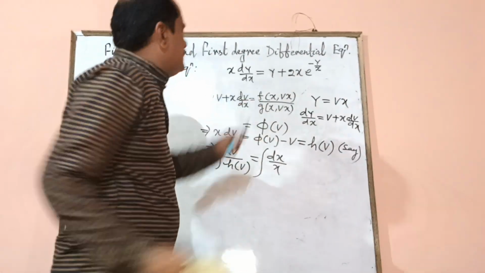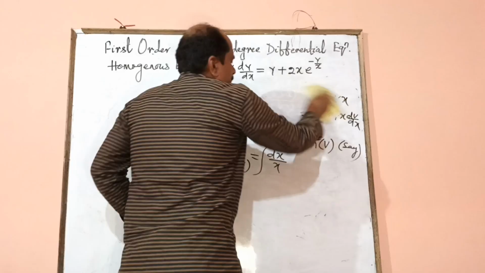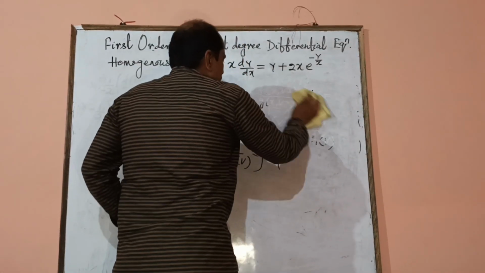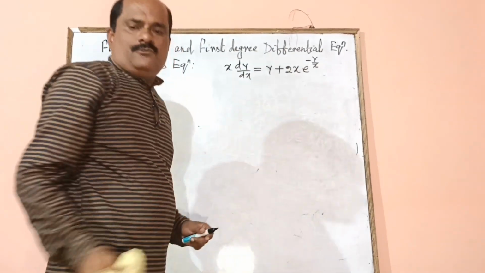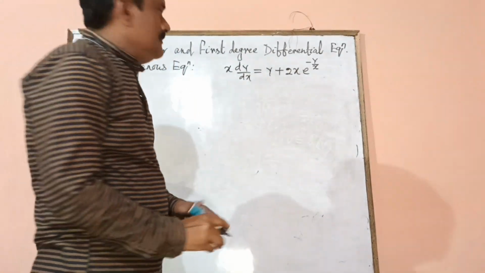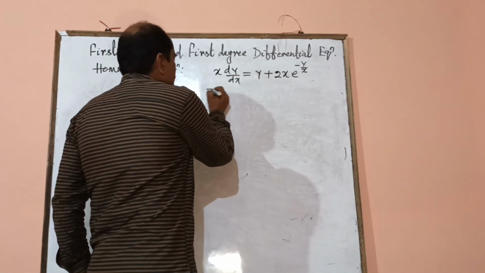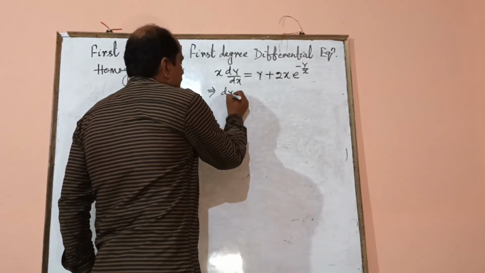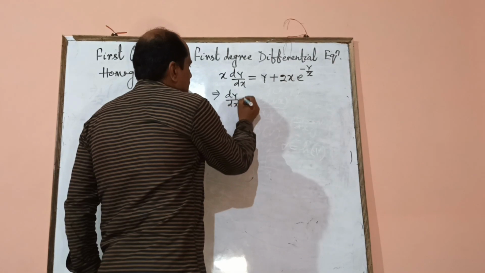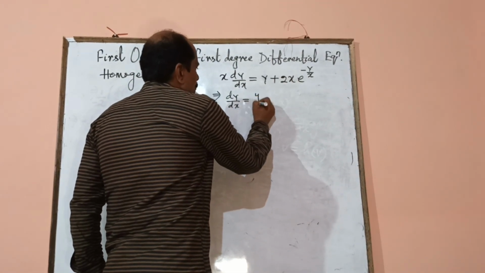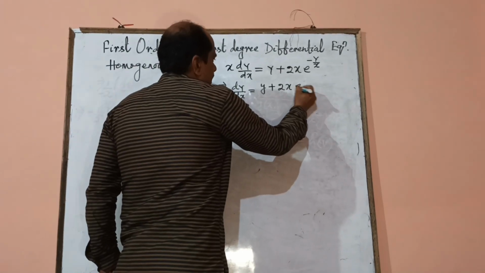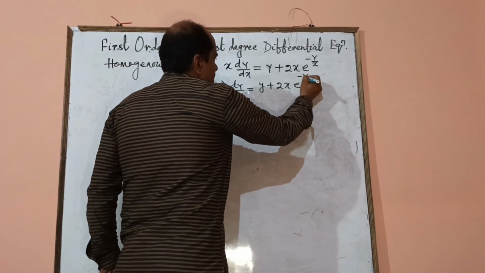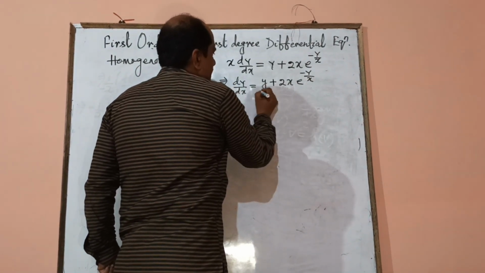Let us consider this equation. First we check whether this is a homogeneous equation or not. It implies dy/dx is equal to (y + 2x e^(-y/x))/x.